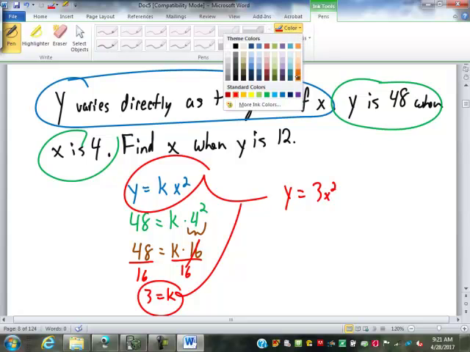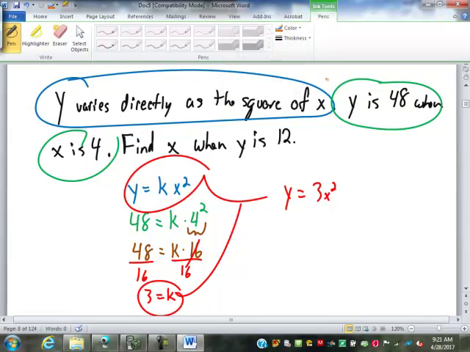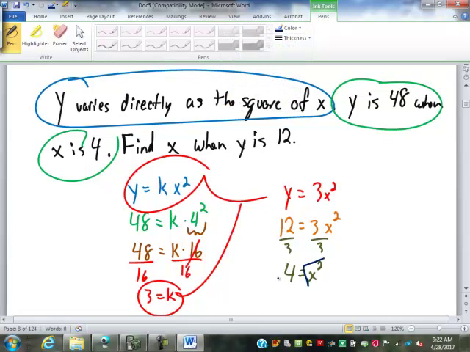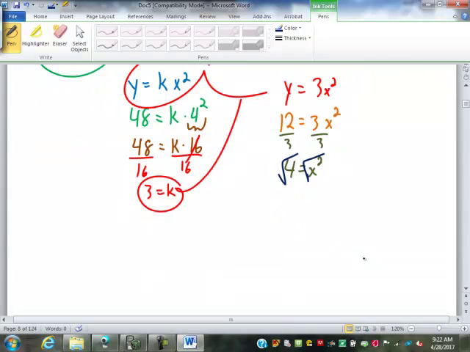Now on this one, I gave you y instead of x. So 12 equals 3 x squared. You solve by dividing by 3. 4 equals x squared, and then you would have to square root. Square root of 4 is 2. I'm guessing most of you got 2.